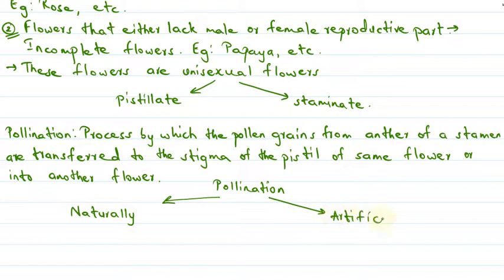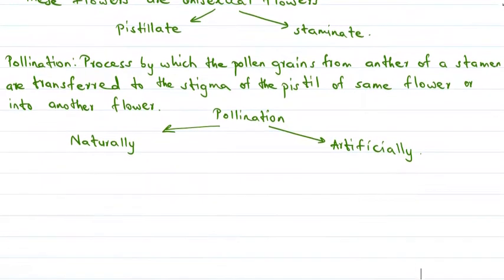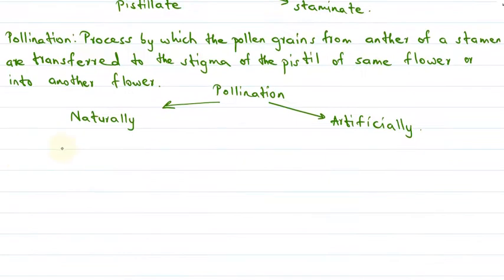First up, we will see what is natural pollination. In natural pollination, the pollination is taking place by natural means. Natural pollination is again of two types. One is self-pollination.